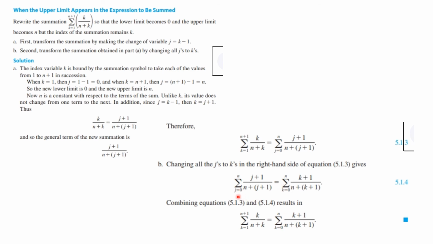It didn't matter whether it's summing j or summing k. You want to think about this for a while. And you can do that while you're waiting for the next video to load.